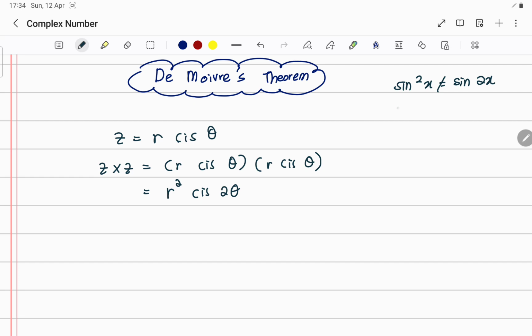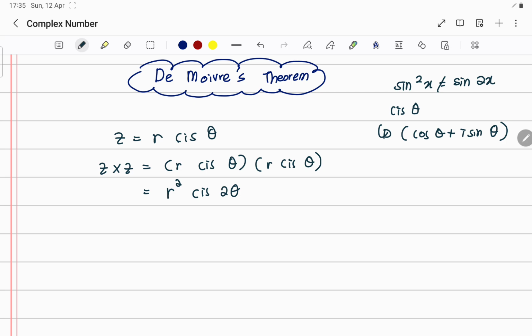But if we have cis theta, it is happening on both sine and cos, which is cos theta plus i sine theta, involving the x and y axis. When it involves the x and y axis, a full rotation happens. Not like sine, which cannot do a full rotation because it is only on the y-axis.